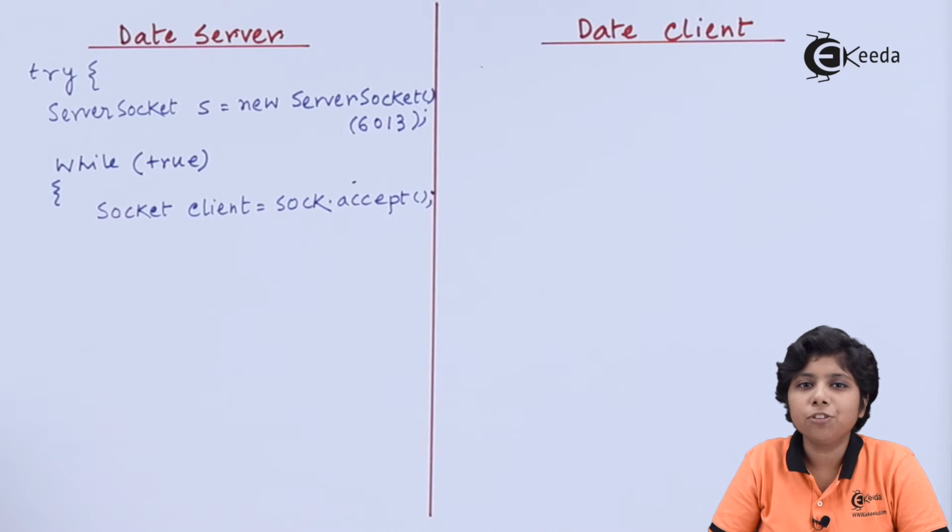Here, the while true statement is defining that the server is listening for the clients according to the port number. Hence, it is creating a Socket class instance of client, which is then accepting the information about the connection with the accept function.